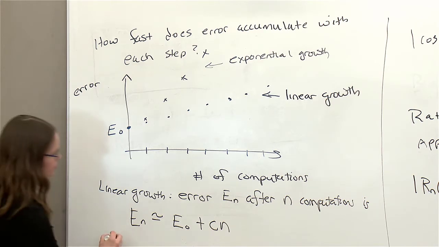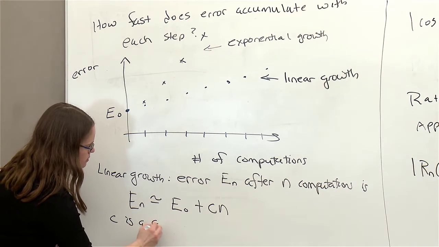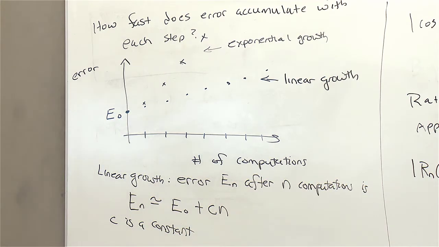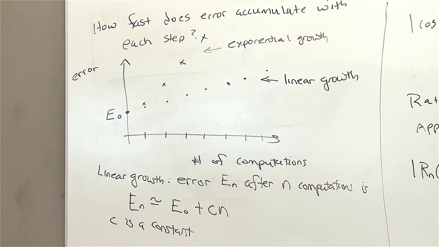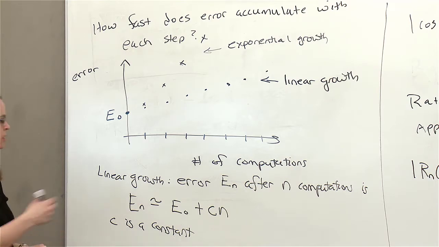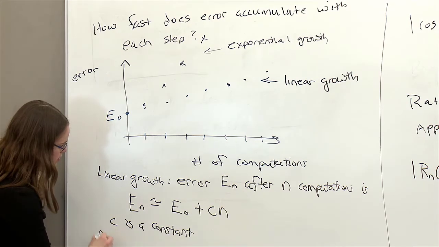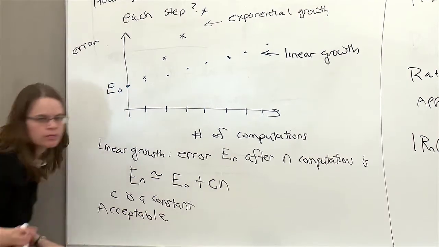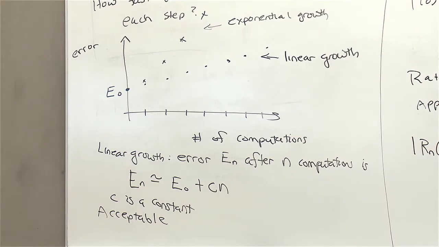Okay? And here C is a constant. Okay, so this is good. If we get in this situation, we say, okay, this is an acceptable growth of error that we can live with because we can't really do better than this.